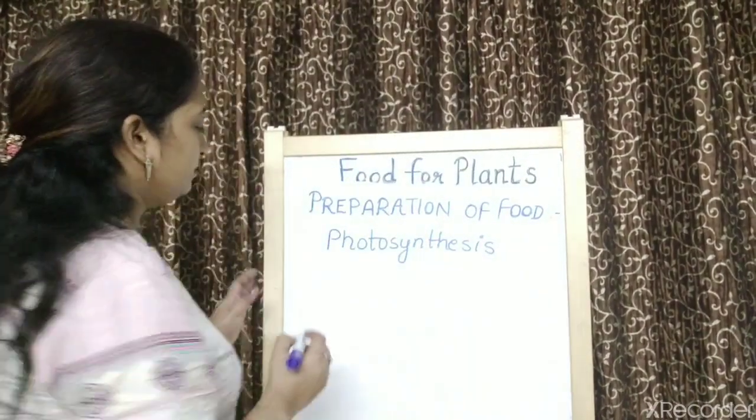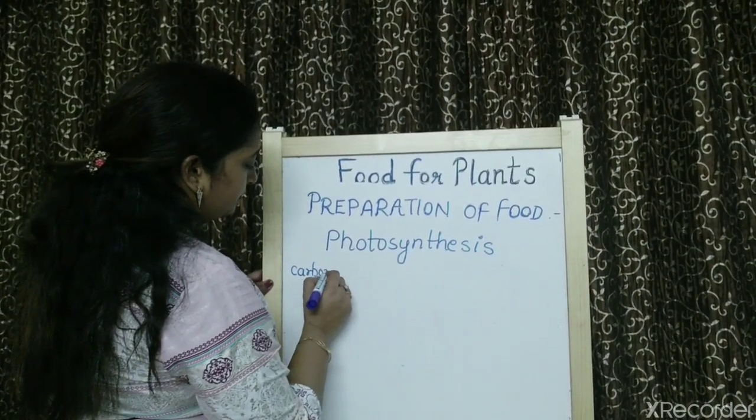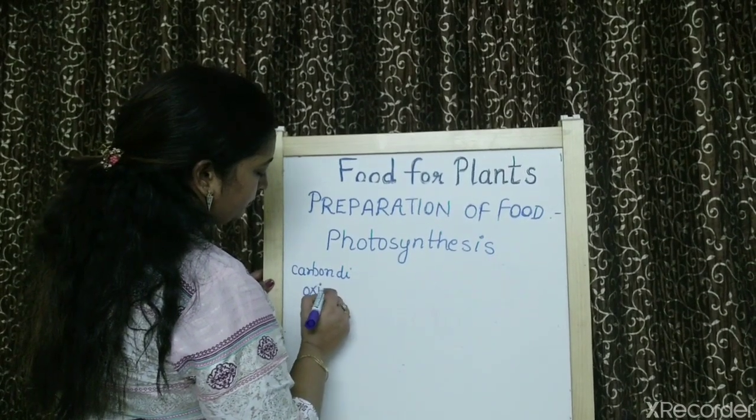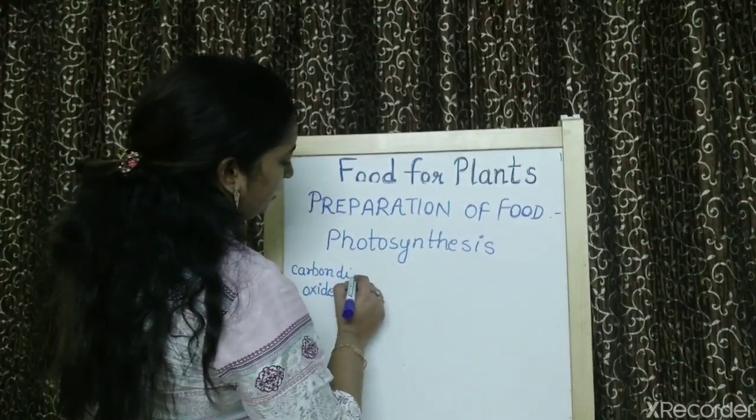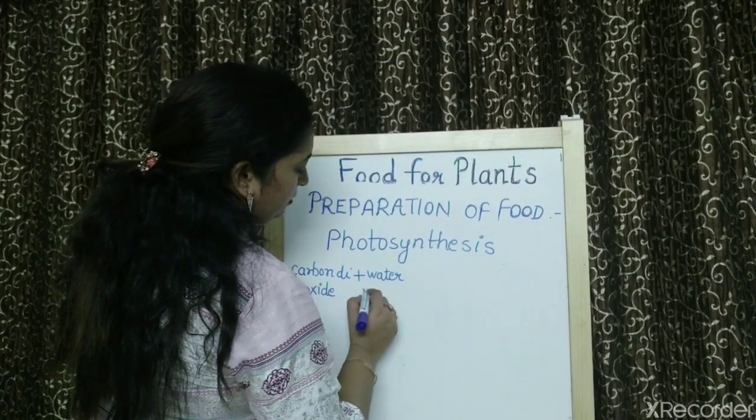Right? So if I write all these raw materials in the form of an equation, it will be like this: plants take carbon dioxide from their surroundings. Then what do they take? They take water and minerals.